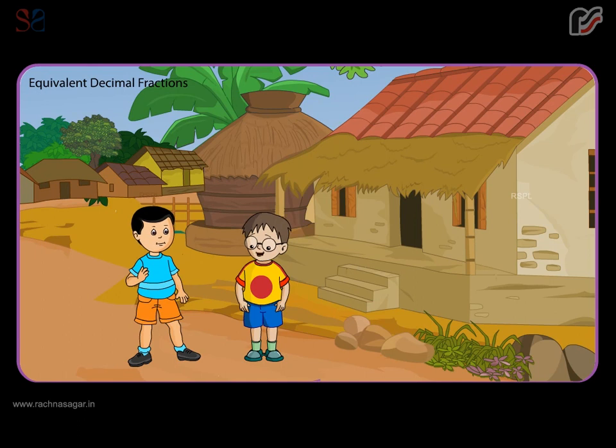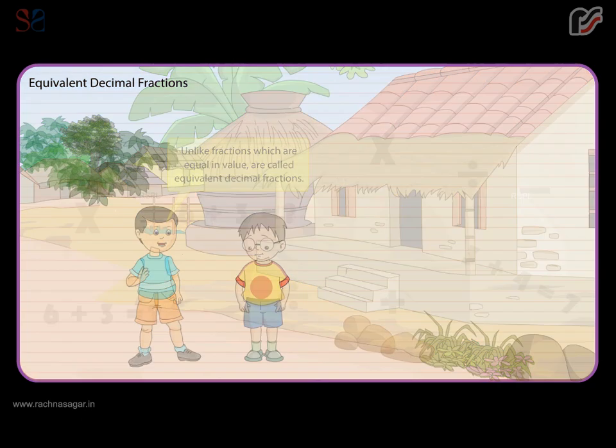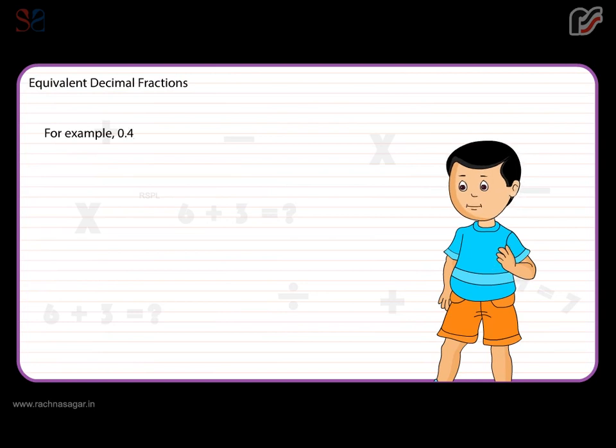Equivalent decimal fractions. What are equivalent decimals? Unlike decimal fractions which are equal in value are called equivalent decimal fractions. For example, 0.4, 0.40, 0.400, 0.4000.